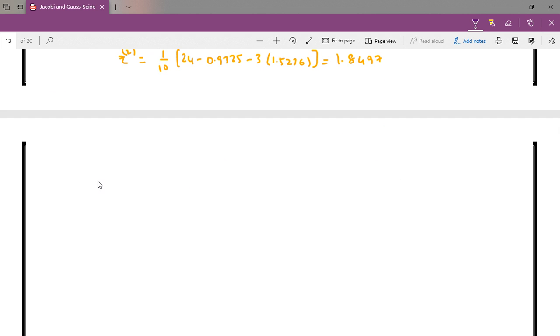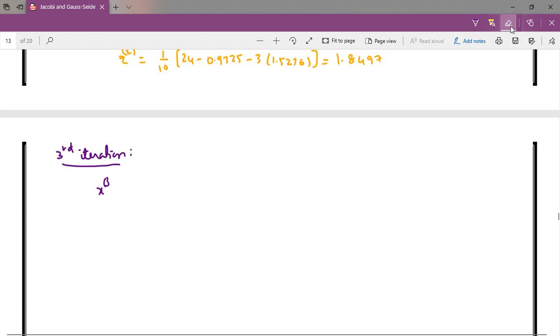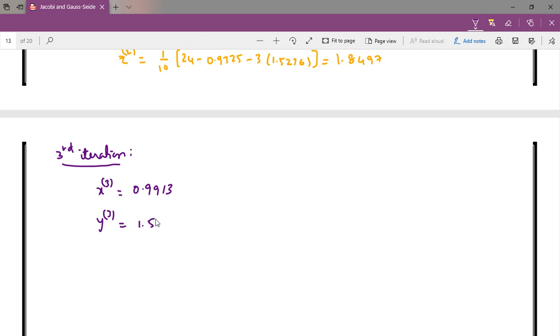So the third iteration, in order to find x3, we make use of y2 and z2 to find x3. So x3 I am going to write directly without those expressions. So x3 gives you 0.9913. So while calculating y3, we make use of x3 and z2.